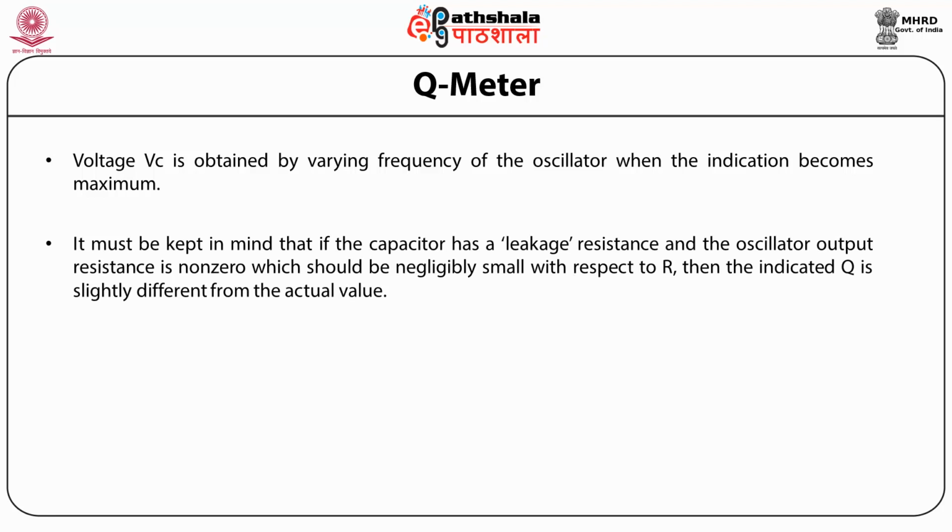It must be kept in mind that if the capacitor has a leakage resistance and the oscillator output resistance is non-zero, which should be negligibly small with respect to R, then the indicated Q is slightly different from the actual value.